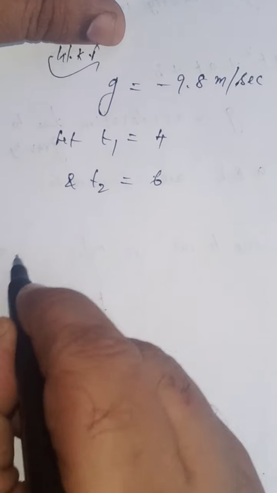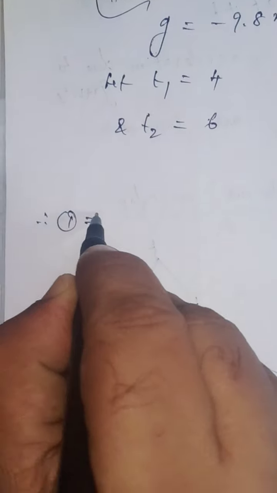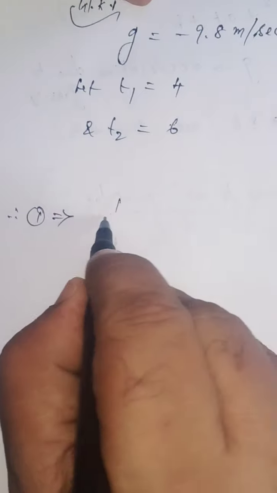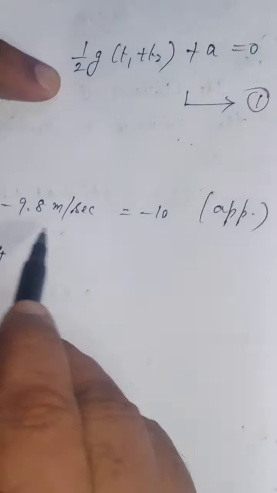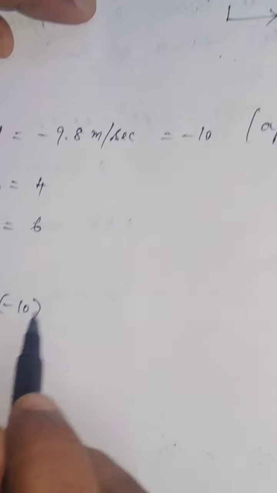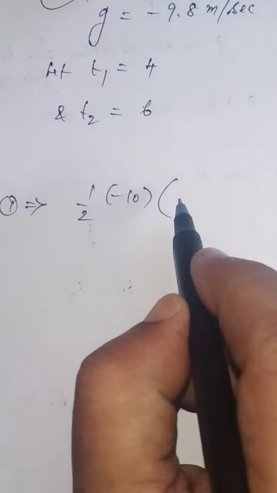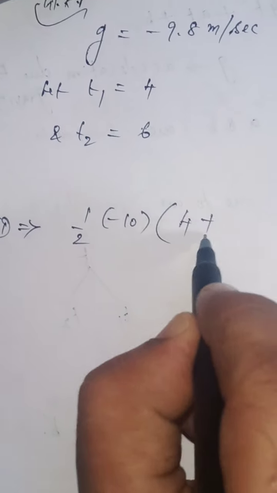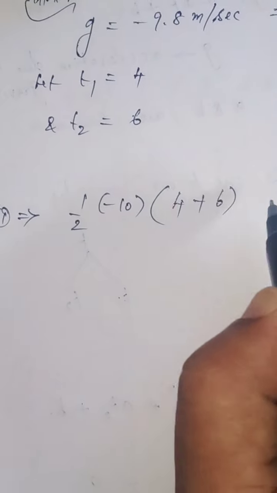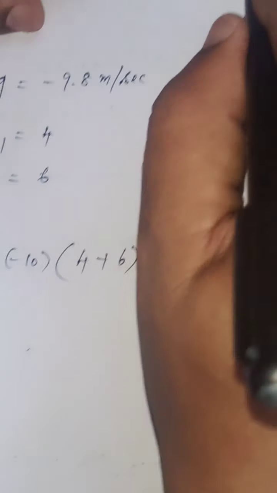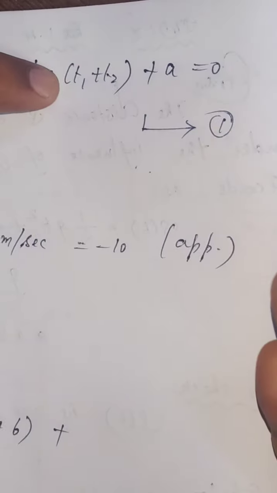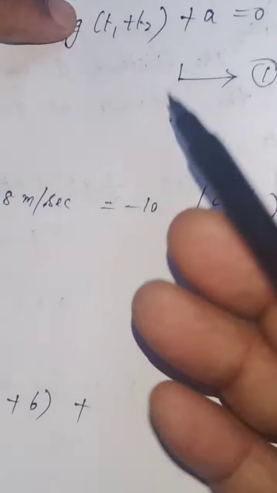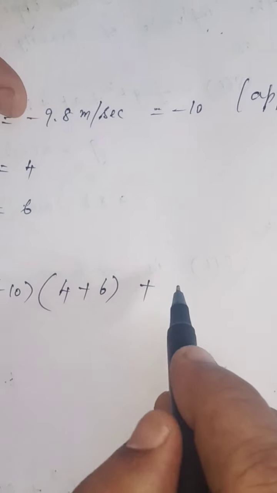I substitute in equation number 1, which implies, listen carefully, half g, I have taken minus 10, into t1 equals 4, t2 equals 6, plus a is there. a and b are constants given in the question itself. So a can be any constant. We can take the value of a later on.